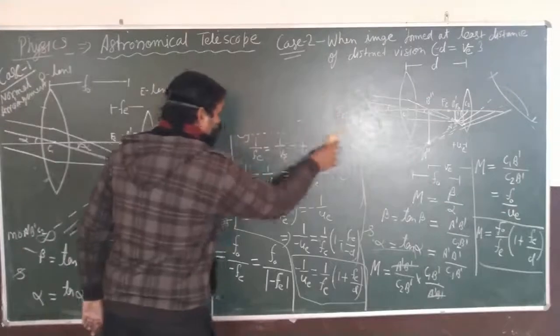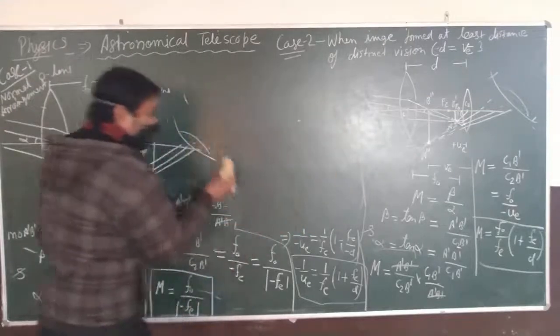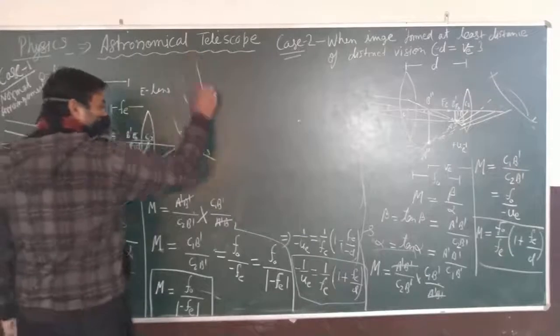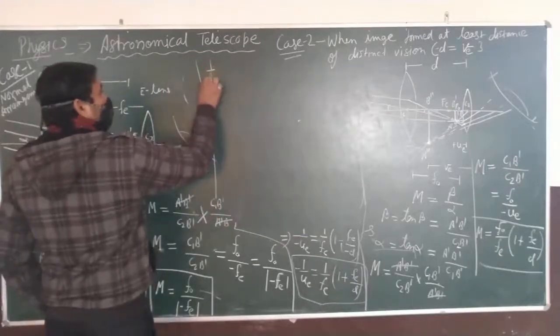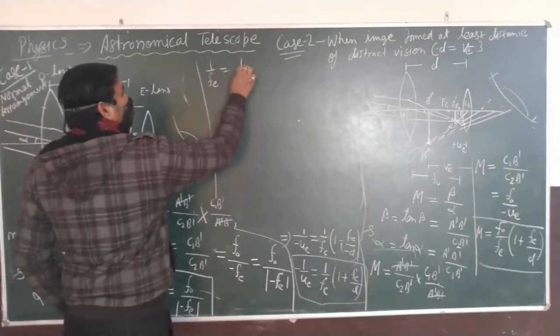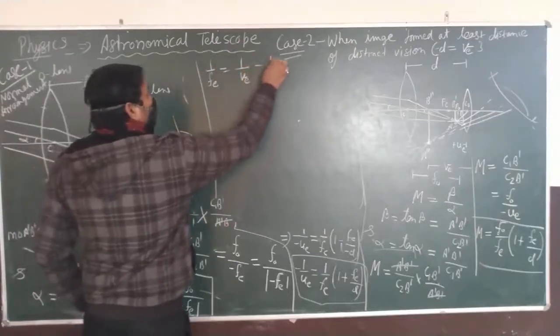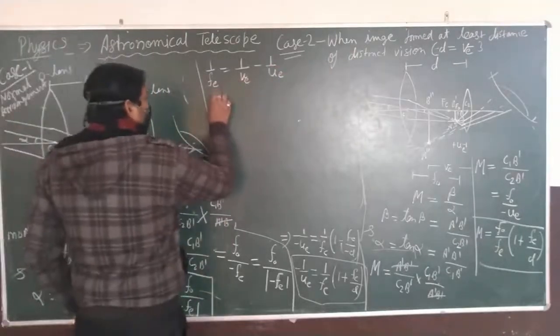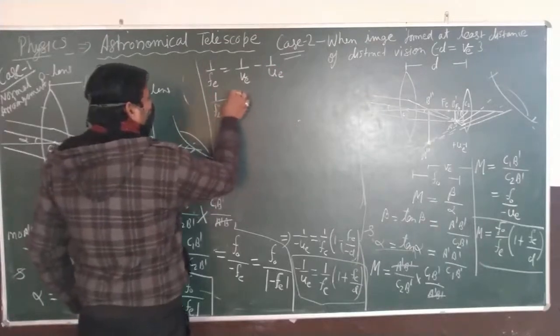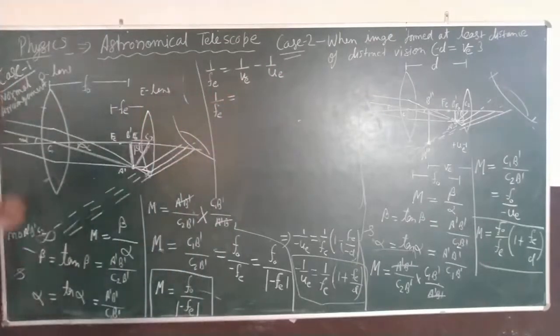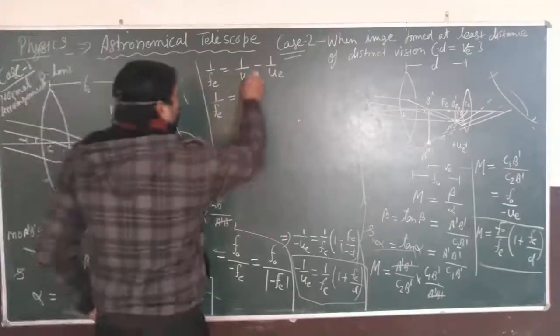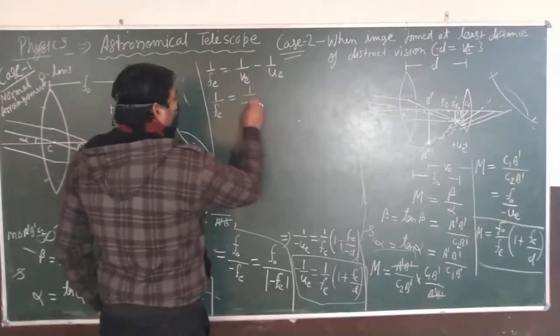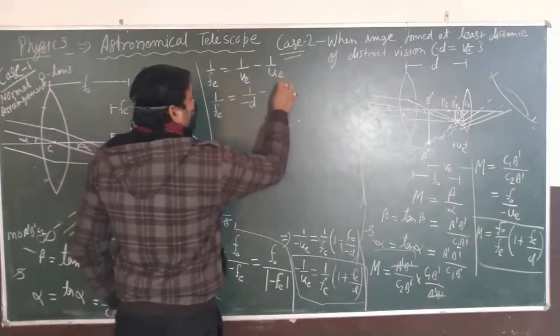See, we have 1 upon FE is equal to 1 upon VE minus 1 upon UV. Okay? Yes. So, this is 1 upon FE. This value is minus D. And this is UV.